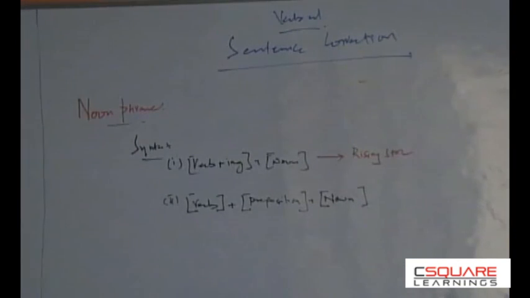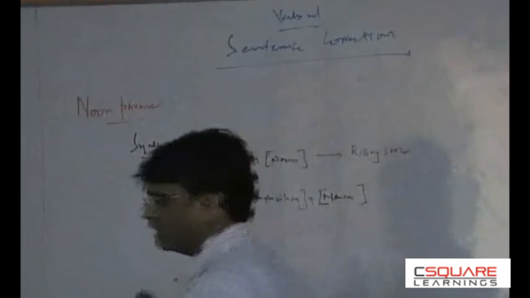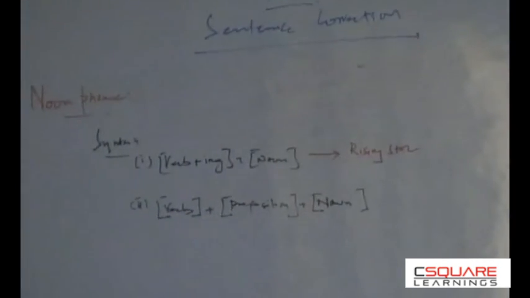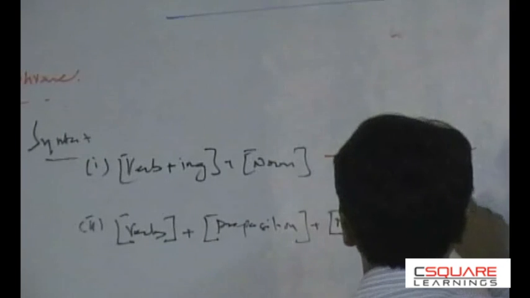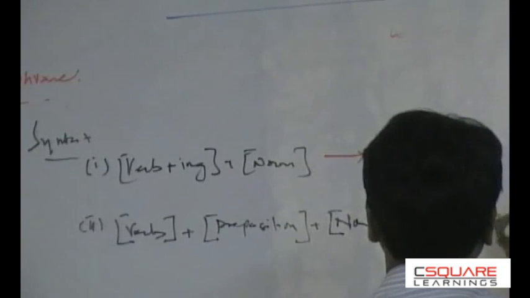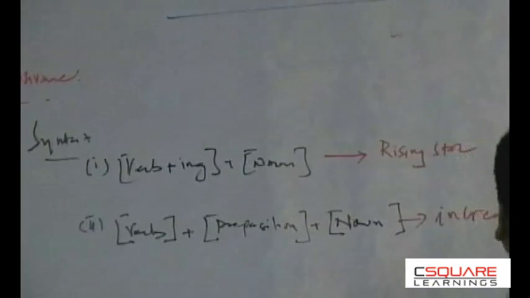Rising star. It's a noun phrase. And verb plus preposition plus noun, let's say increase in sales. Increase in sales. Okay, it's a noun phrase, right?